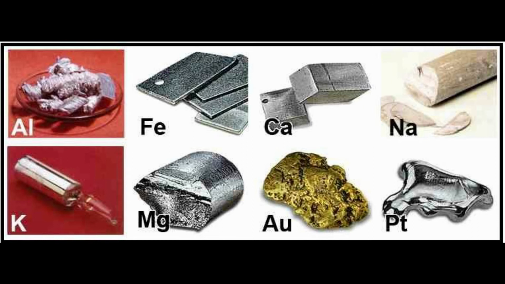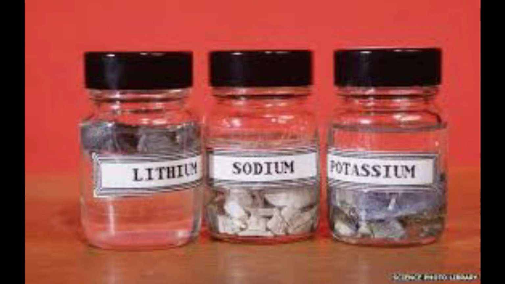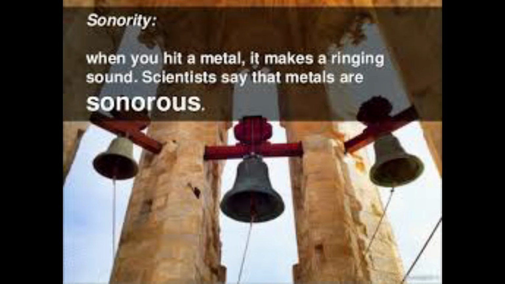They have low densities. So, we say that sodium and potassium have low densities, that is 0.97 grams per centimeter cube and 0.86 grams per centimeter cube respectively. We also say sodium and potassium are known as light metals.